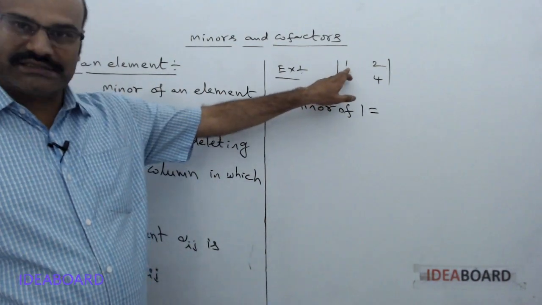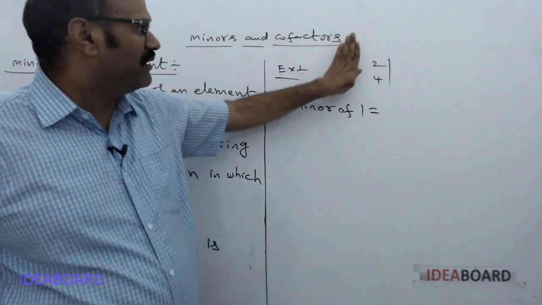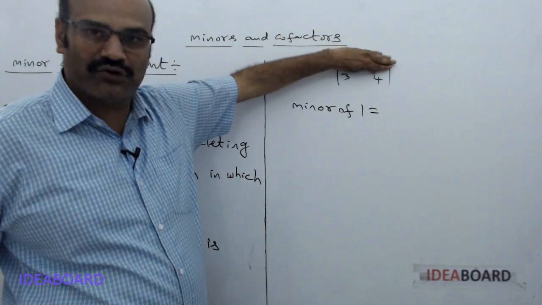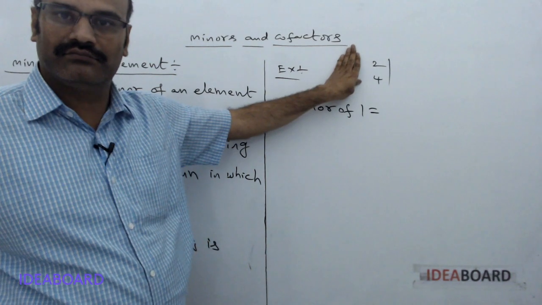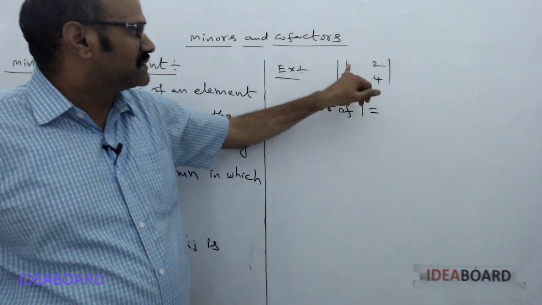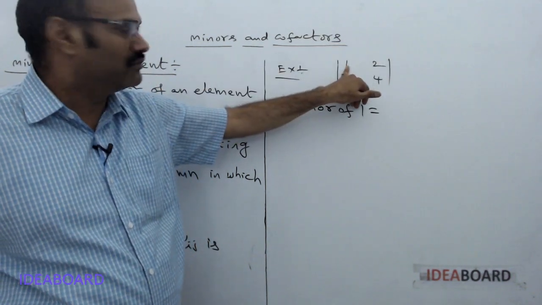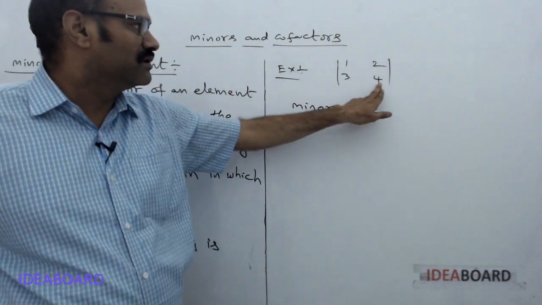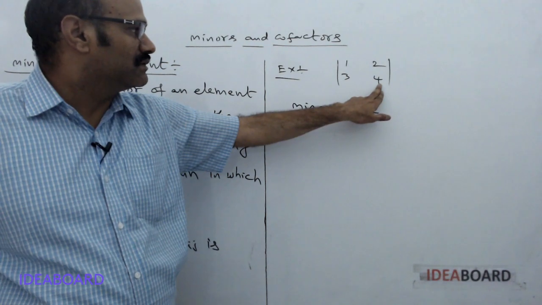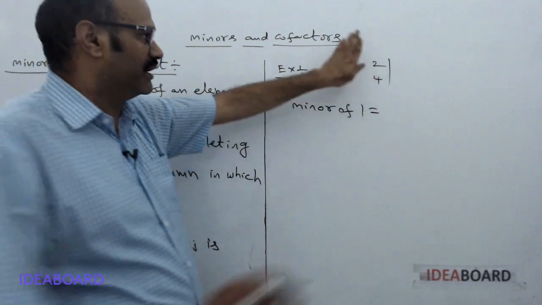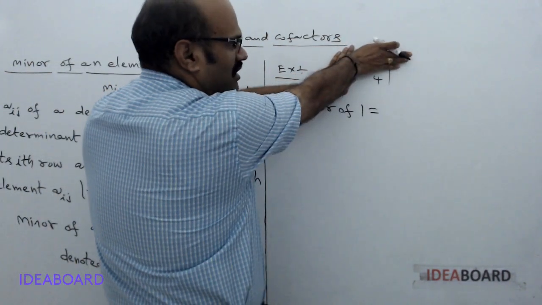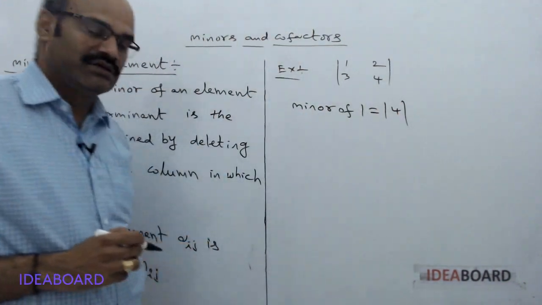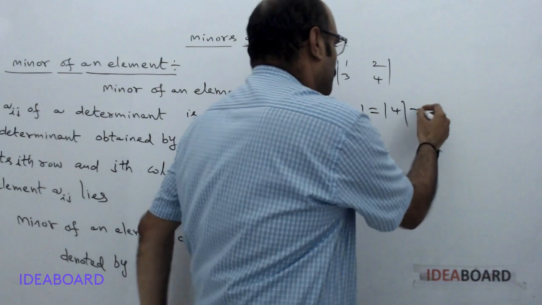The element 1 lies in first row and first column. So we have to remove first row and first column. The remaining element is 4. After removing first row and first column, we are having the element 4, which we write in the determinant. So determinant of 4 equals 4.